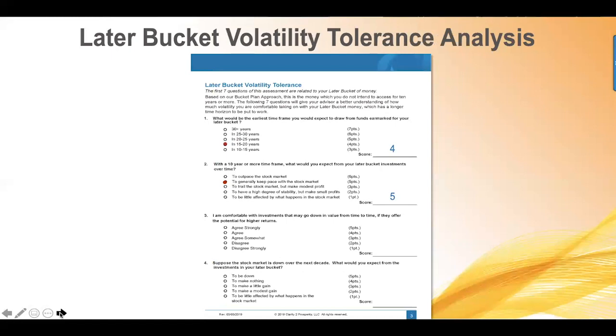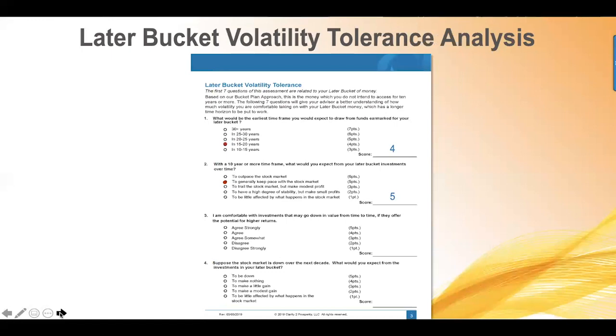Because if I had a crystal ball, I don't know that I'd be sitting here right now. Guessing what the market's going to do is very tricky, and a lot of people try to do that. But for the most part, if you just keep pace with the market, you're going to do really well over time. So, good answer.